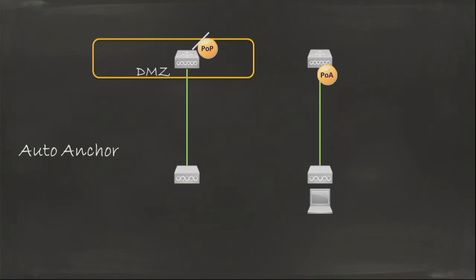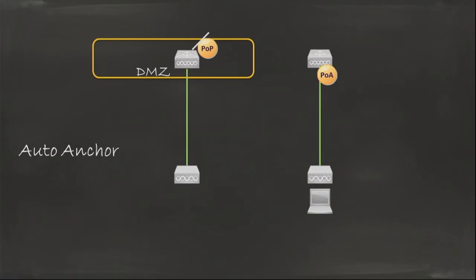In the guest example, you'll say, I don't know what access points my clients are going to be connecting through, but whatever they are in my building, I want their traffic to be always sent to the controller in the DMZ, so they are behind my firewall and they are always going to the internet and not going back into my network. So auto-anchoring is a feature by which you always send to the same place, regardless of roaming and association, etc.